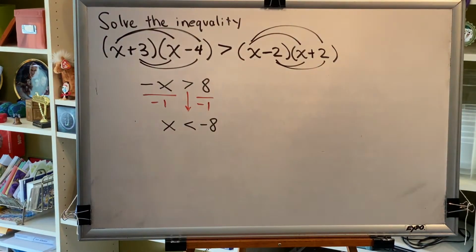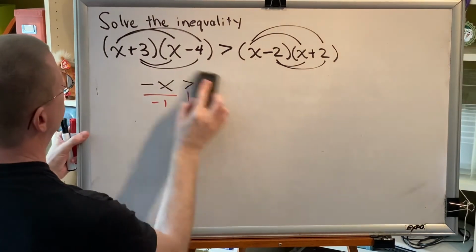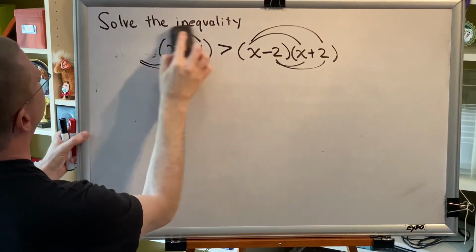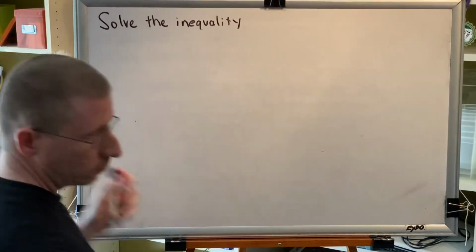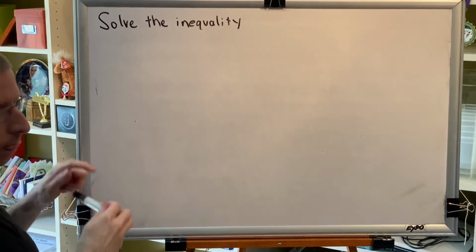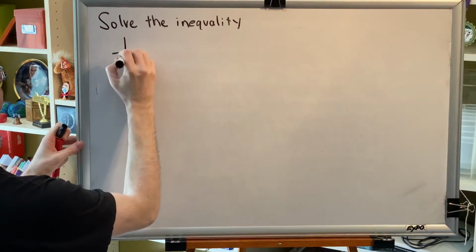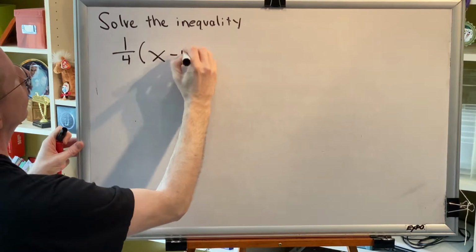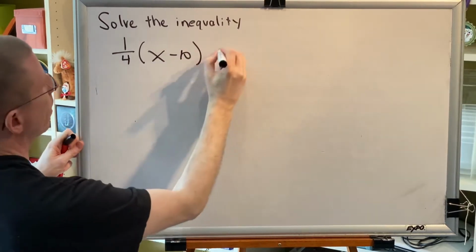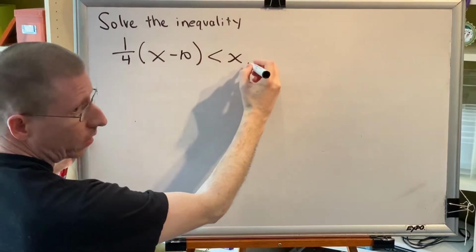All right, let's look at a second problem. One-fourth times the difference x subtract 10 is less than x plus 15.